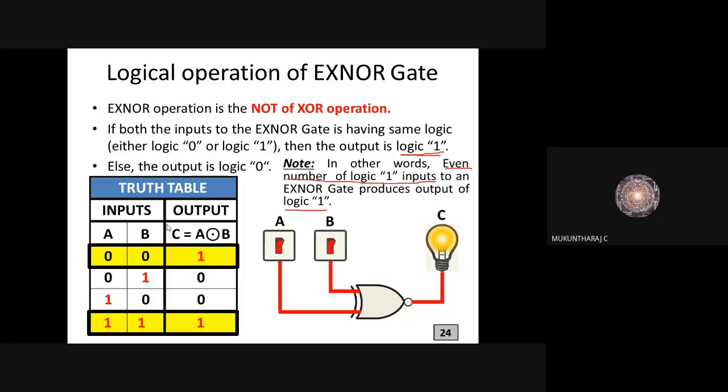Any doubt in the operation of XOR and XNOR gate? So simply you can remember that if both the inputs have the same logic, XOR gate produces logic 0 as the output, but XNOR gate produces logic 1 as the output.